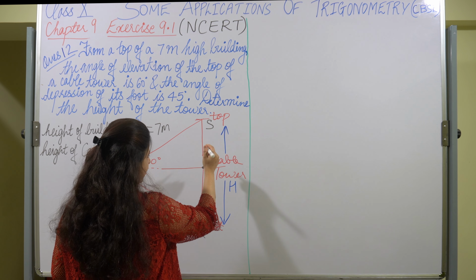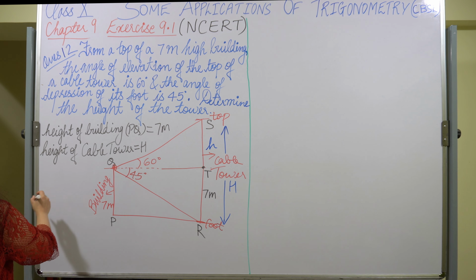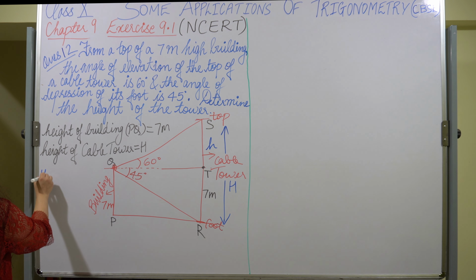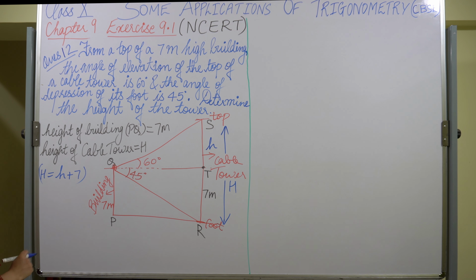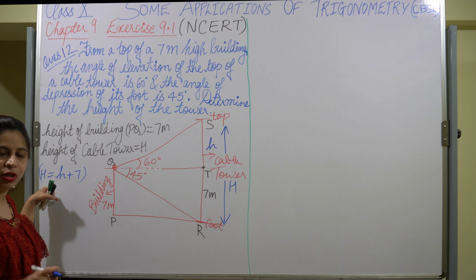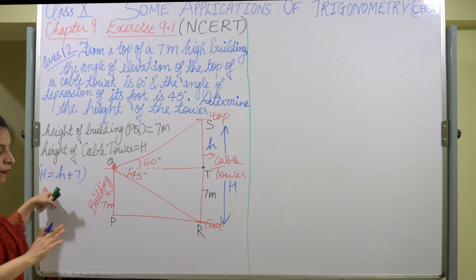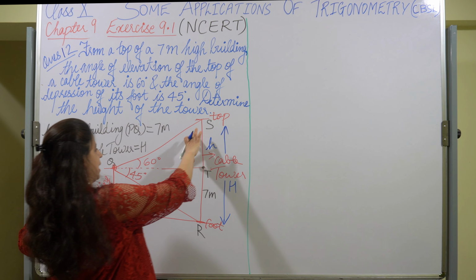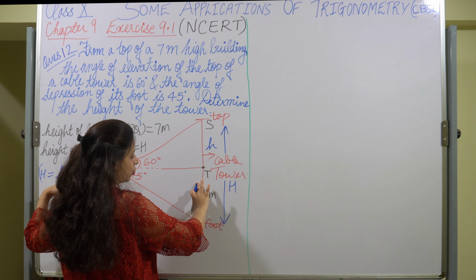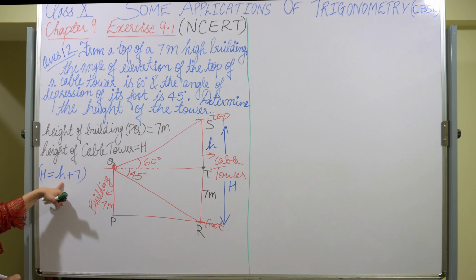Let us consider ST to be small h, so my capital H will be equal to h plus 7. I need to find out the height of the cable tower, that is capital H, and this h is ST. When ST is added to 7, I will get my capital H.